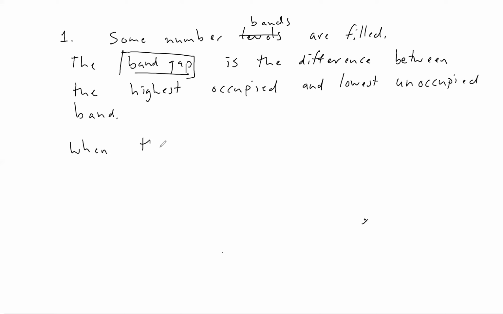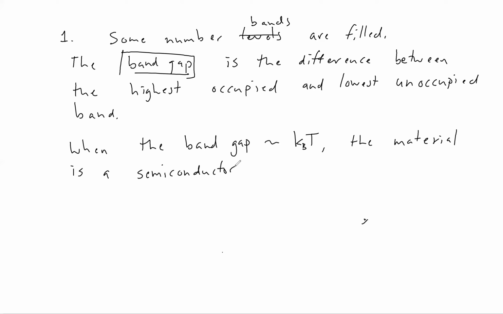When the band gap is of order kBT, the thermal energy scale, the material is a semiconductor. Essentially because electrons can be excited across the band gap. And this is something we'll talk about a bit later in this course.